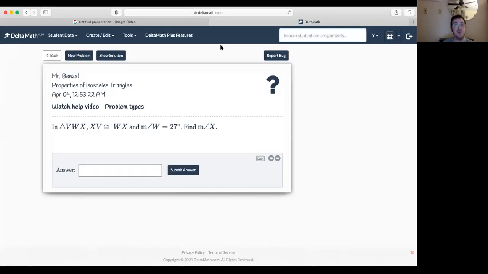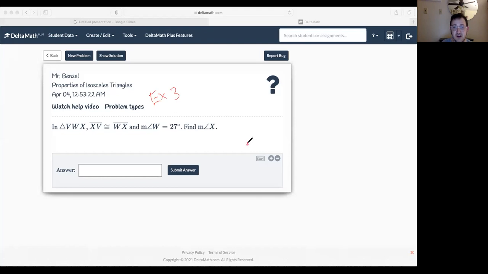All right, our next level problem, the only thing that's different is that they don't provide you with a picture. So we're going to call this example 3. My suggestion would be to read the problem here. So I have a triangle called VWX.